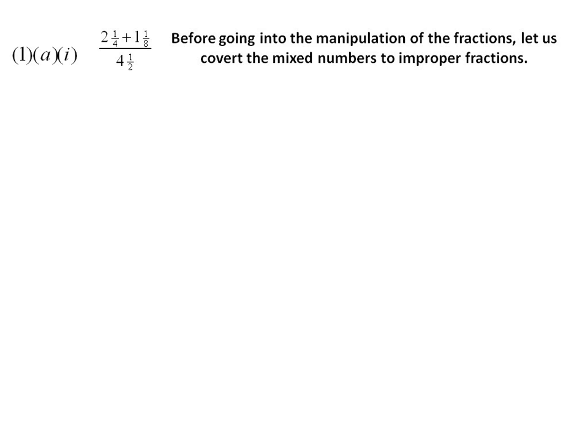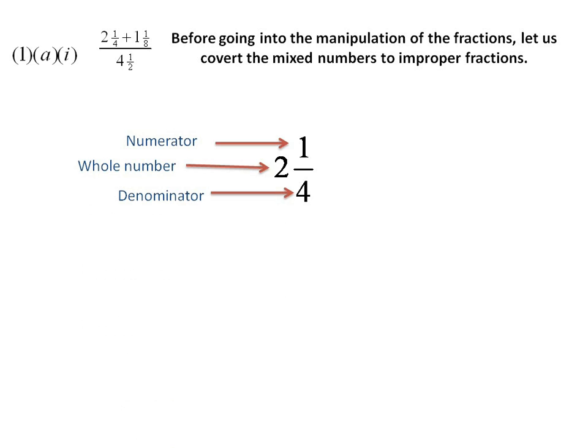Before going into the manipulation of the fractions, let us convert the mixed numbers to improper fractions. The first one, as usual, we label the components of the mixed number. The whole number is the component that we label first. Then we have the numerator followed by the denominator.